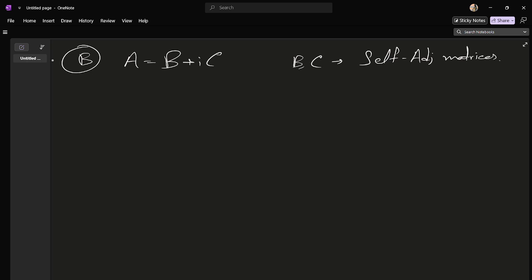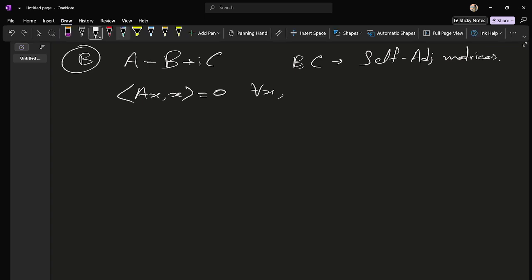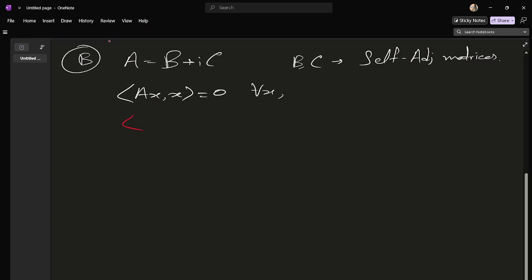Then the condition gives us, for all x, that (B plus iC)x, x will be equal to 0.